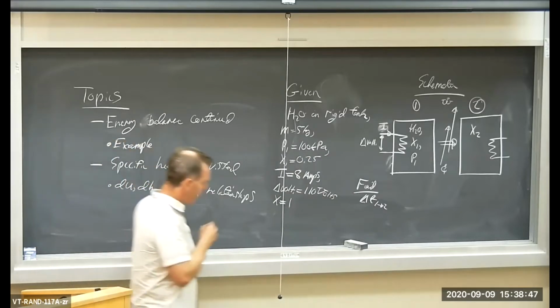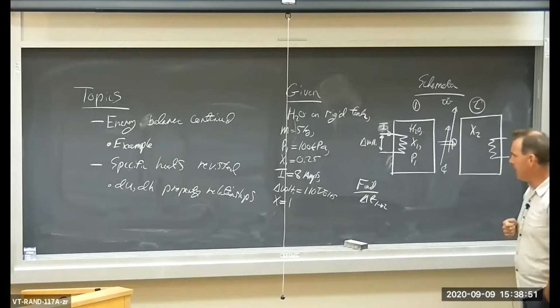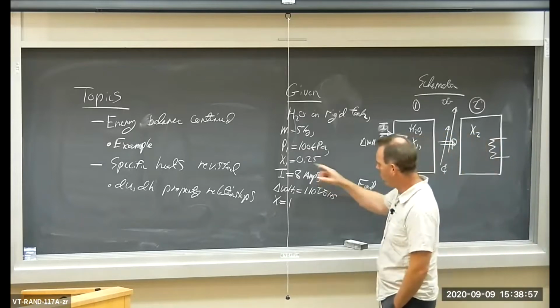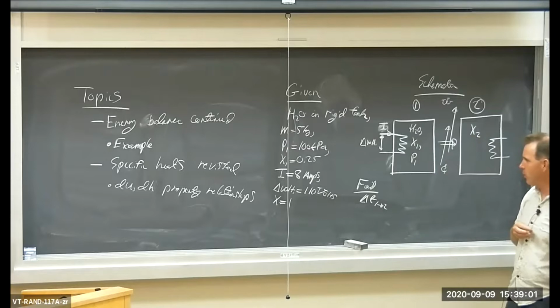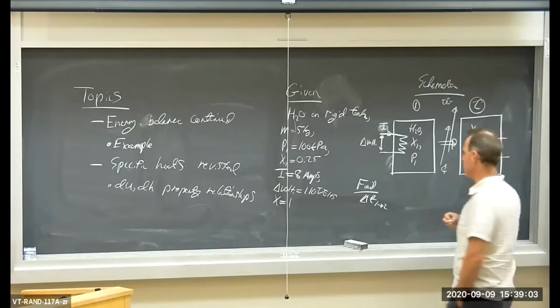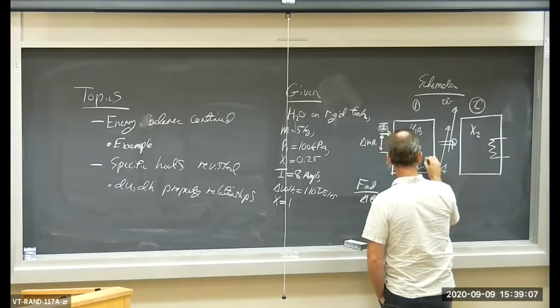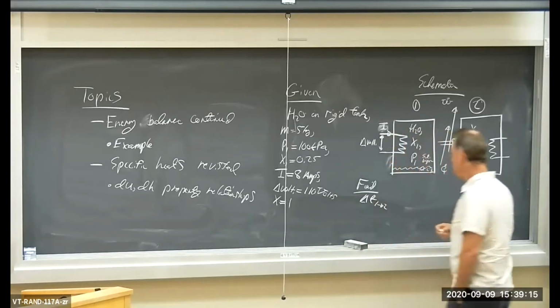We have initially a two-phase system composed of H2O with a quality of 25%. So basically, by mass, we have saturated vapor and saturated liquid in a container.